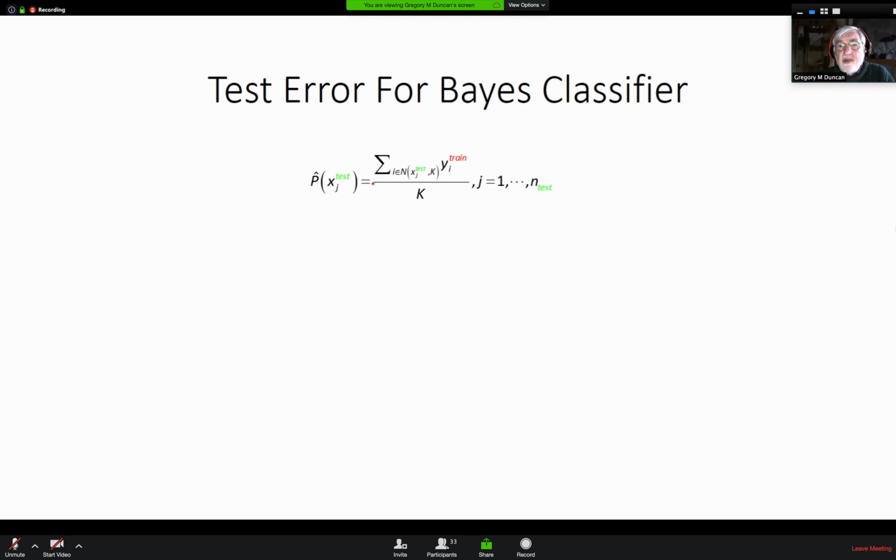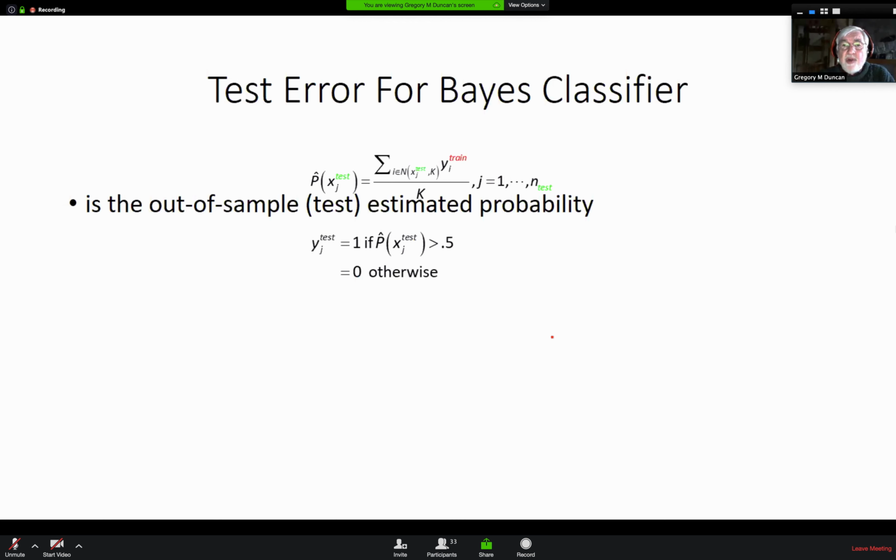I'm going to average those up, okay? And I'm going to do that for every X and every Y in my test set. Note that these are the training data here and the test data here. Okay. This is the out of sample or test estimated probability.